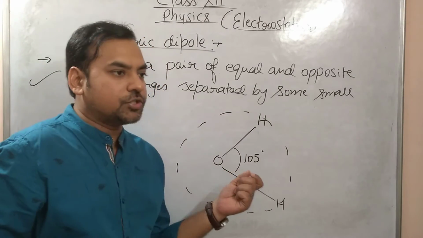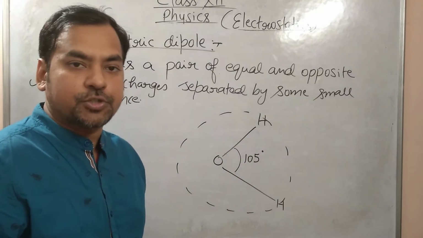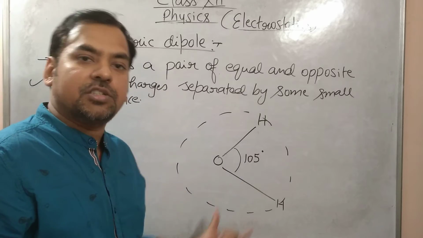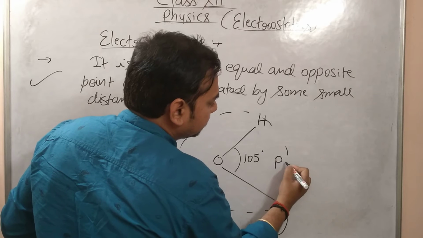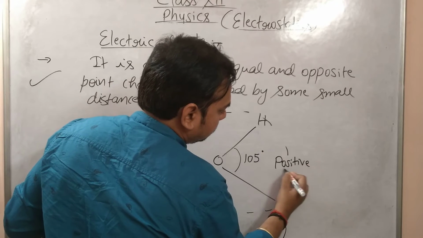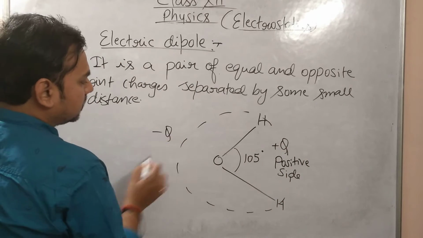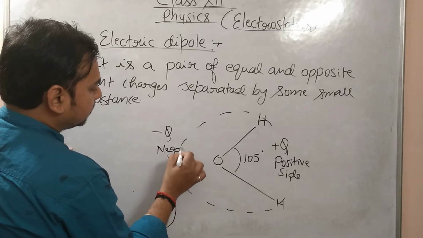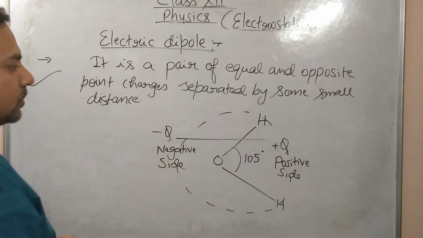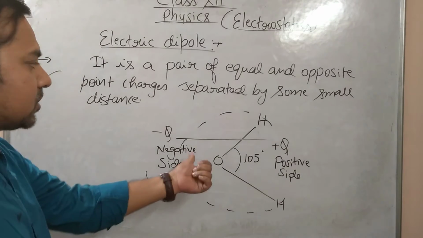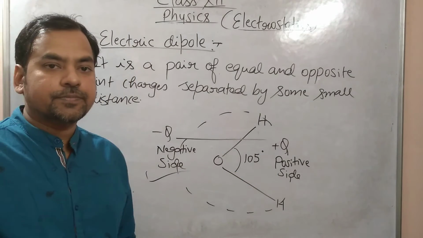The centers of the positive and negative charge distribution are separated by some small distance in the H2O molecule. On this side is the positive charge, and this side is the negative charge, separated by some small distance. So the H2O molecule shows electric dipole behavior. Is that clear? Okay.